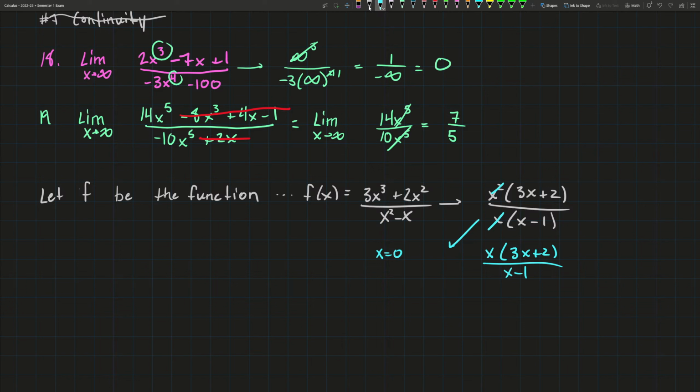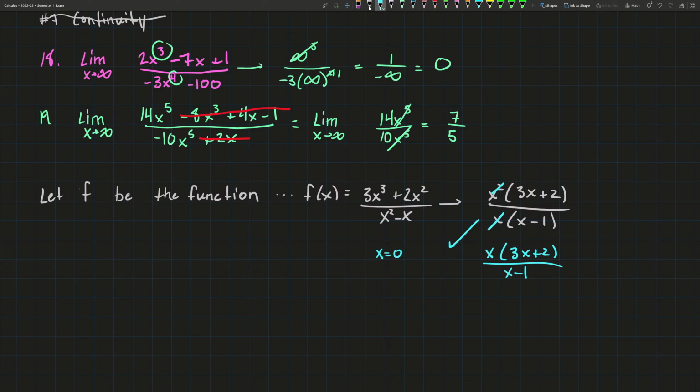Because there's a hole at x equals 0, we can factor out an x from the numerator and denominator. That's what it means to have a hole in this case. Therefore, there's a hole at x equals 0.